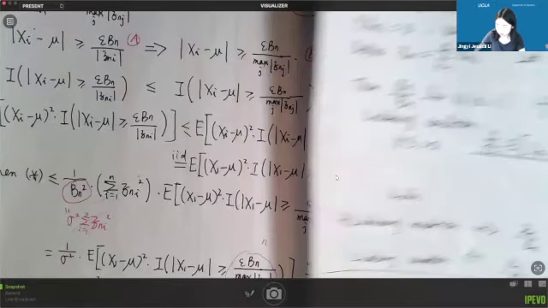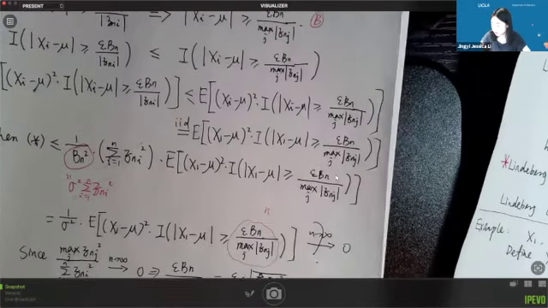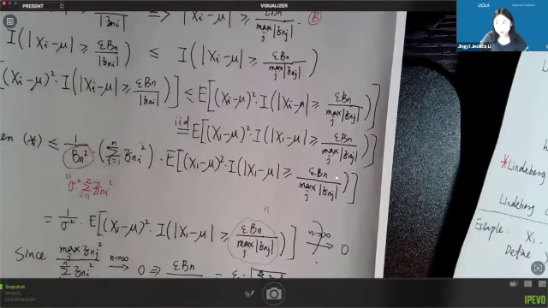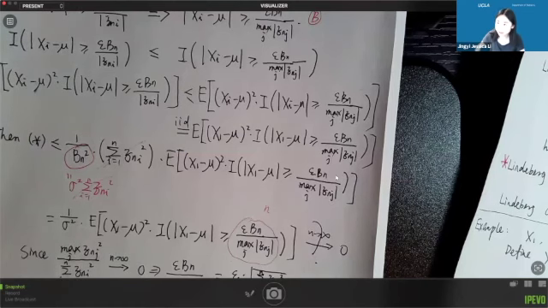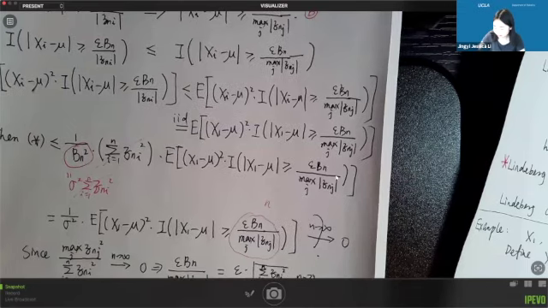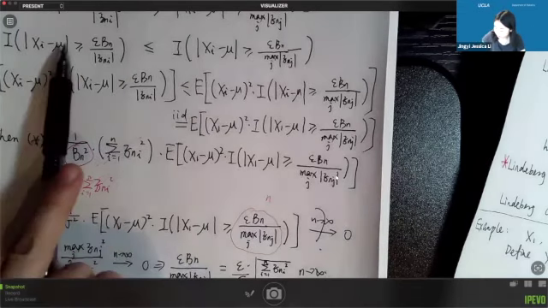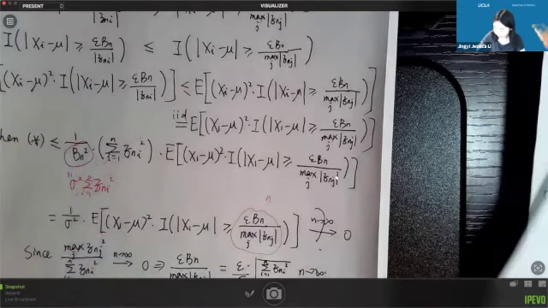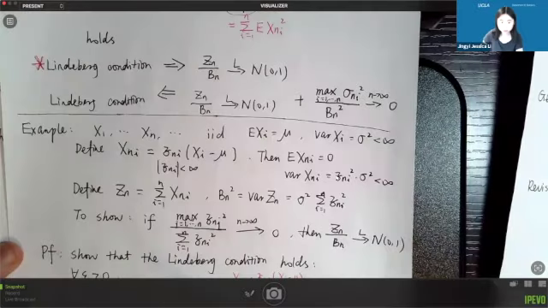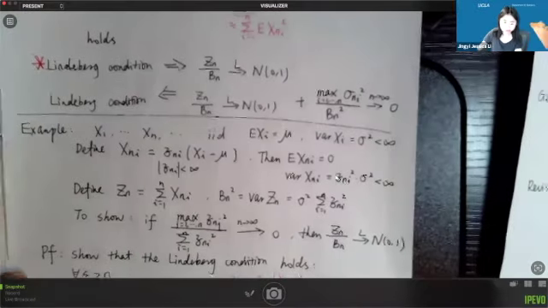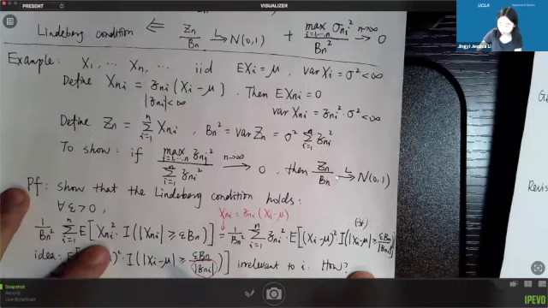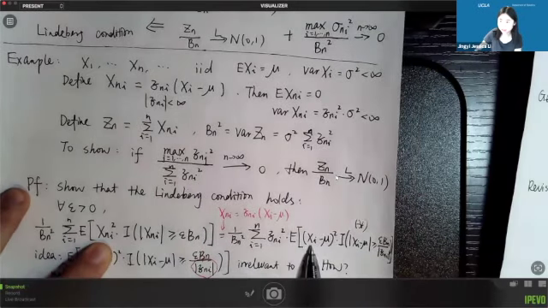Again, we see that even though the Lindeberg condition is regarding random variables that are not necessarily IID, in this example we still go back to the IIDs: x1 to xn are IID, even though the xni's are not IID. So you see, we start with non-IID xni, but we quickly get back to xi that are IID.